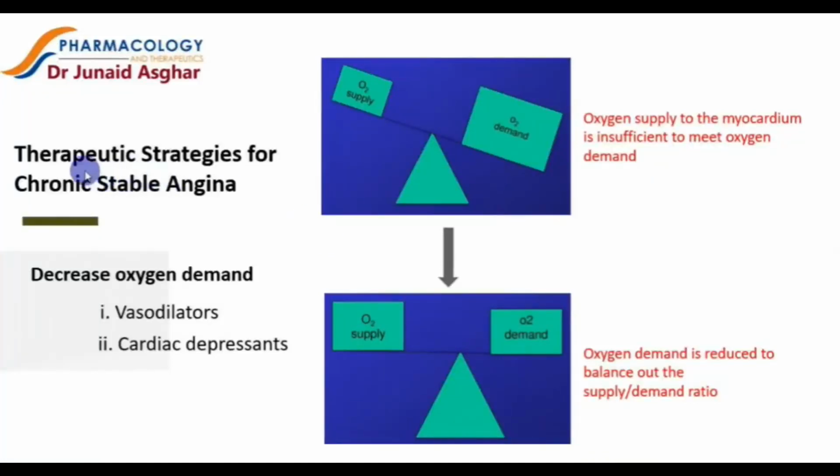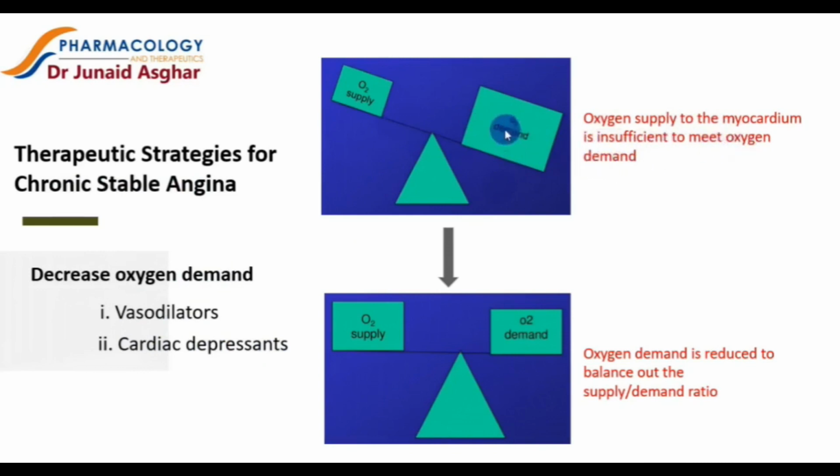Now, what are the different therapeutic strategies for treating chronic stable angina? So we have drugs which decrease oxygen demand, and they can be very helpful in treating chronic stable angina. These include vasodilators and cardiac depressants or cardio-inhibitory drugs. So initially the situation is like this: the oxygen supply to the myocardium is insufficient to meet oxygen demand.